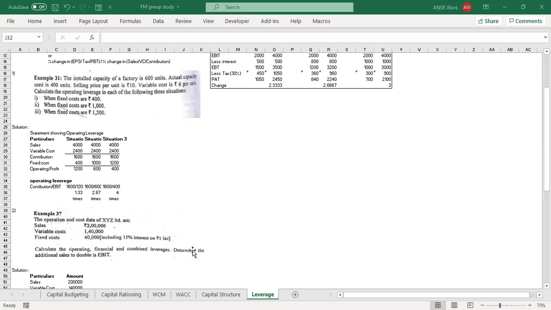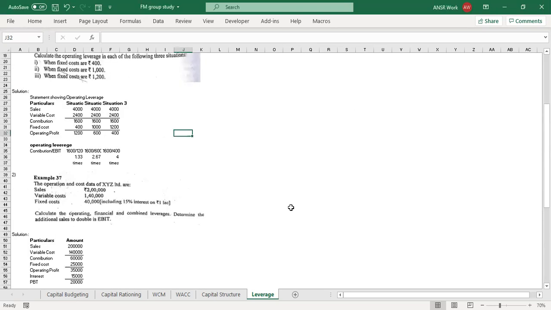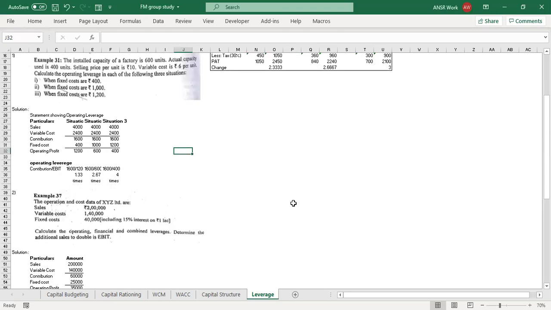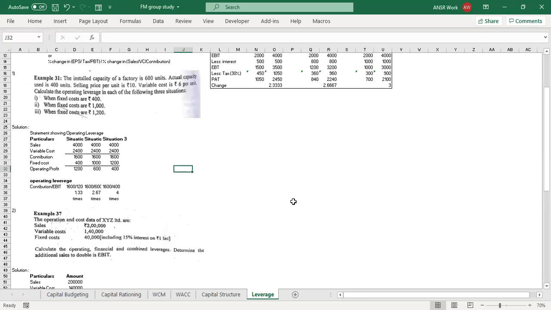Second one, operating leverage is 3, is it? Okay, he has given something else also. What does it say?